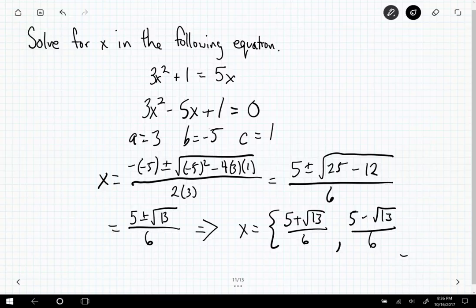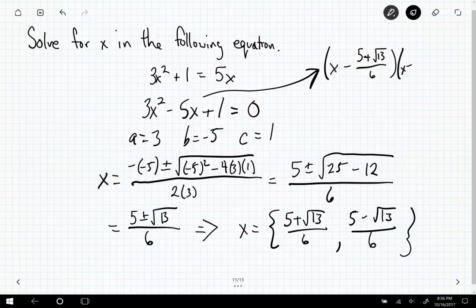And actually, if you wanted to factor this thing, from that step on forward, that tells you, just a little FYI, that your factors are x minus (5 plus square root of 13) all over 6 and x minus (5 minus square root of 13) all over 6, which I highly doubt we saw right away, right? That's what this stuff is telling us, how these things factor when we find our solutions.